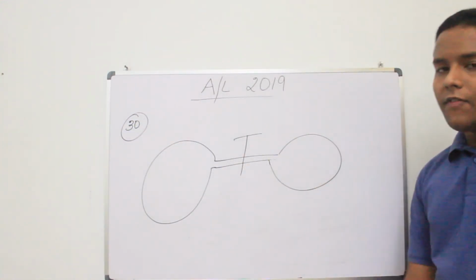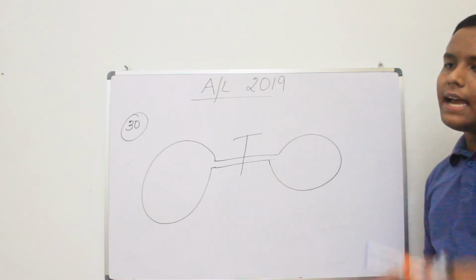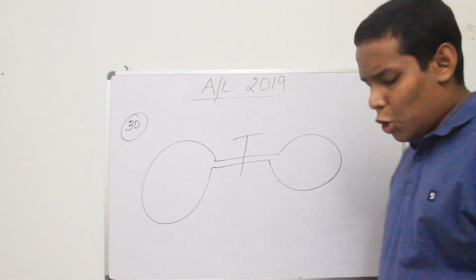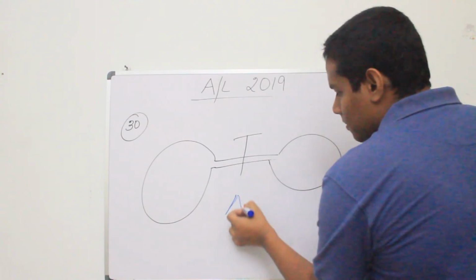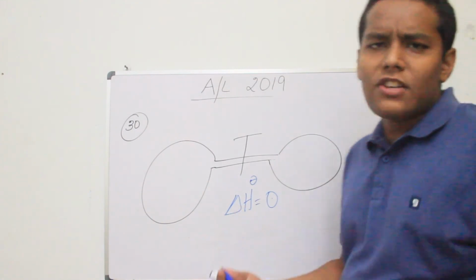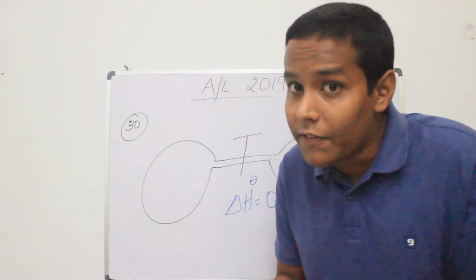Since they do not react with one another, will there be a net exchange of energy between them? No. So delta H, the enthalpy change, is 0. Why? There is no reaction. They are ideal gases which do not react with one another.